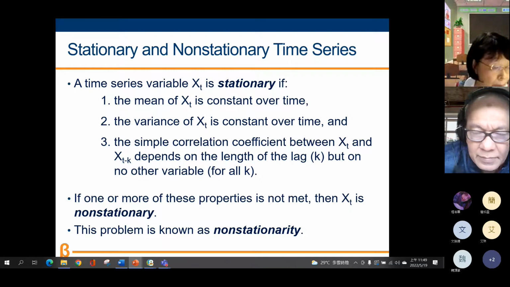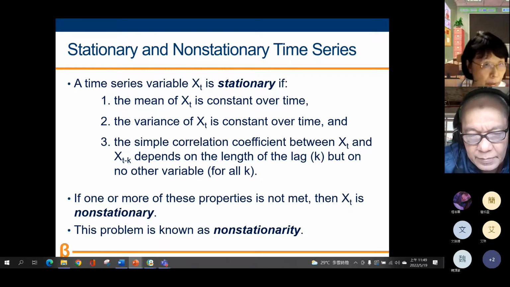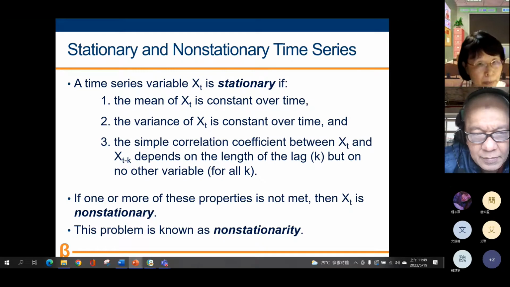In other words, usually for time series data, the forecasting purpose is very important, and we always expect to do forecasting.